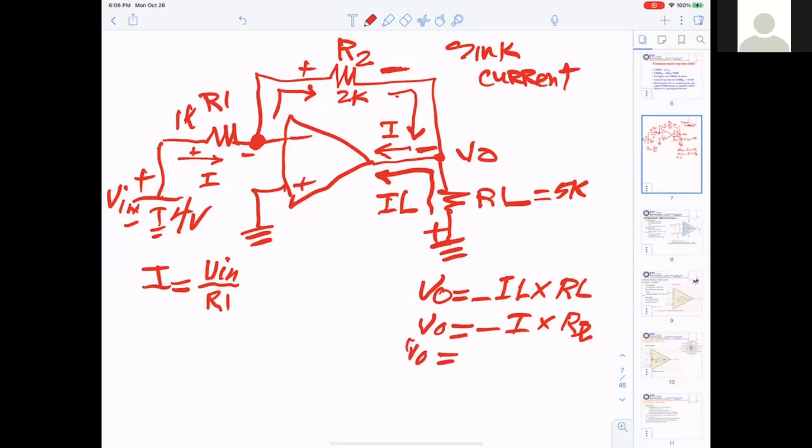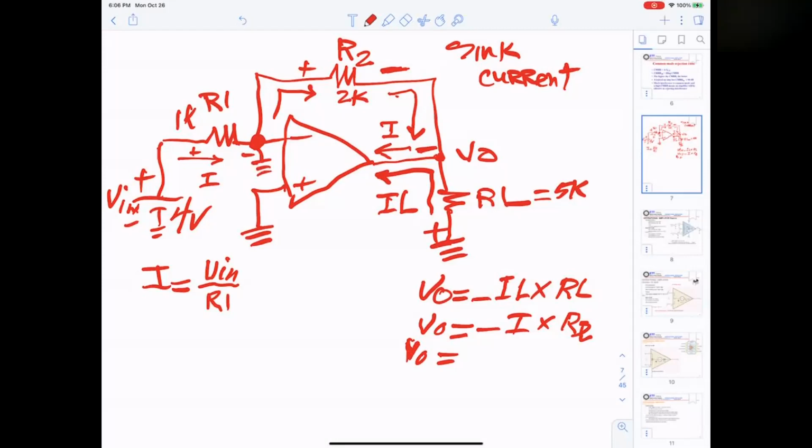Mr. Pham, I have a question here. Yeah, go ahead. For the current, V in over R1, what about the R2? Are they in series in this case? No. This is, you understand again, this is also virtual ground.